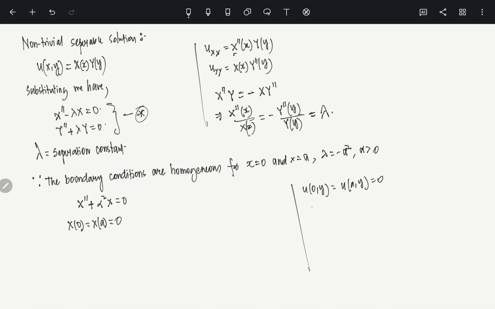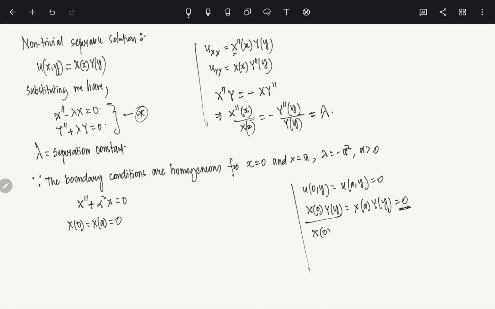This is given, right? So if you put it together, it becomes X of 0 times Y of y, and X of a times Y of y, this is equal to 0. So X of 0 times Y of y equals 0.